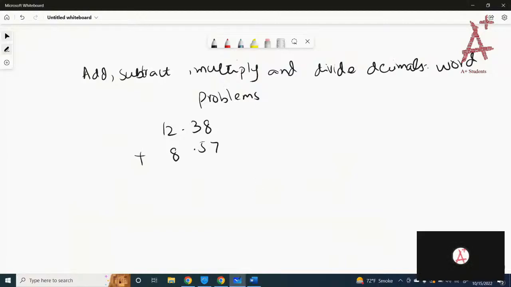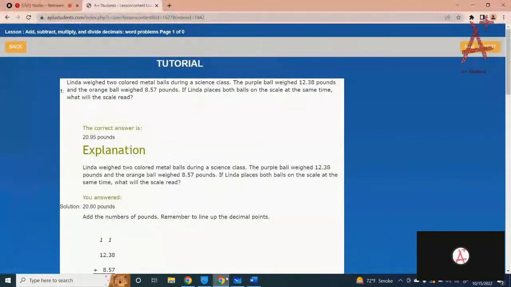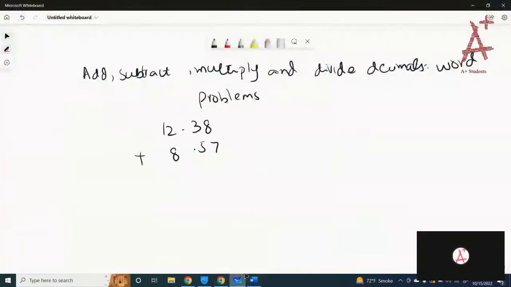You just have to add them. So 8 plus 7 is 15. You have to write 5 over here and carry 1 over here. So it would be 5, 6, 7, 8, and 1, 9. And then 8 and 2 is 10, write 0 and carry 1, and 1 plus 1 is 2. So it would be 20.95. Got it?